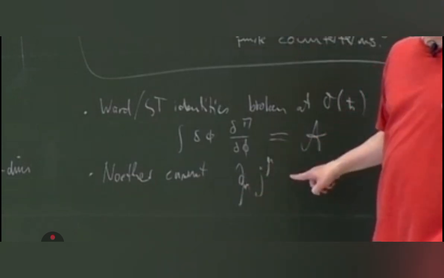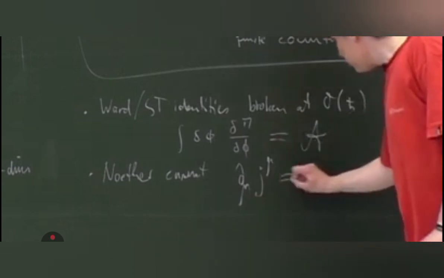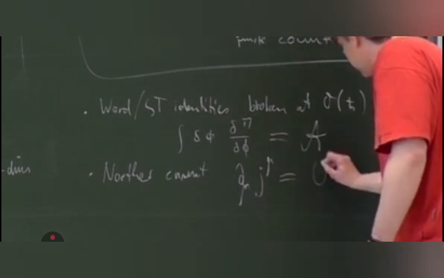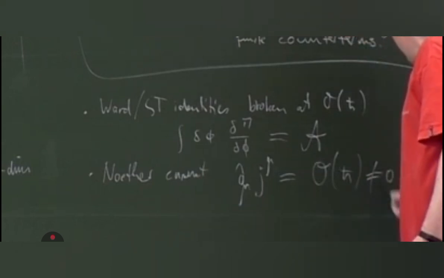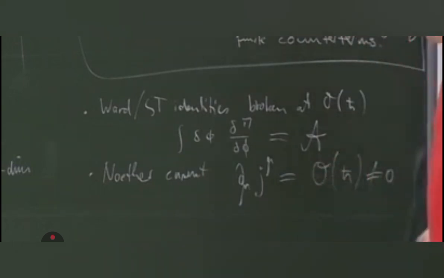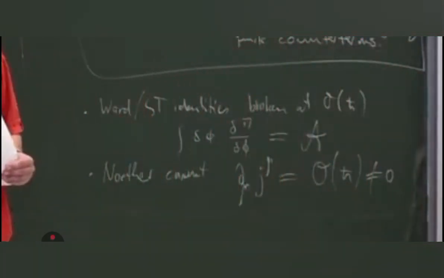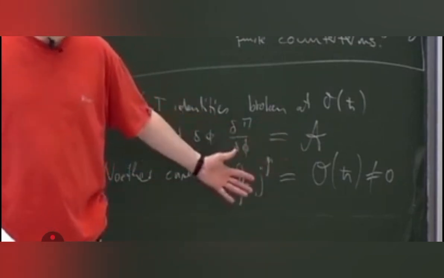And now d mu j mu is not 0, but it is broken by, again, something of order h-bar. And again, you might know exactly what it is on the right-hand side. In particular, there is a famous theorem, the so-called Adler-Bardeen theorem, which states exactly the right-hand sides of those equations for a very important case.